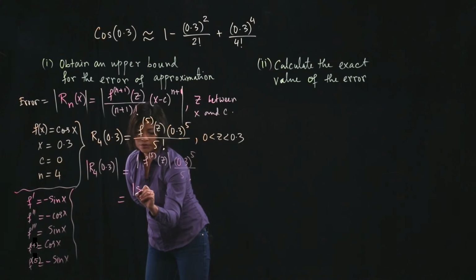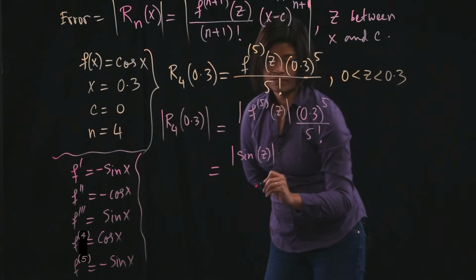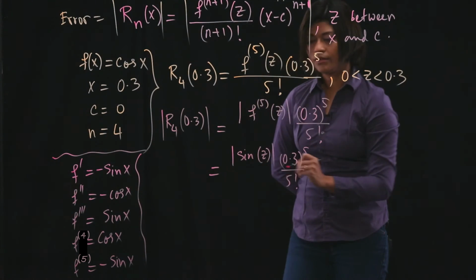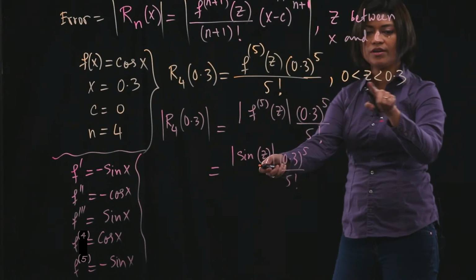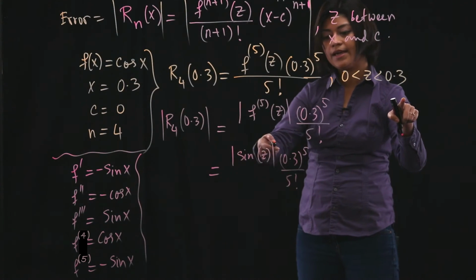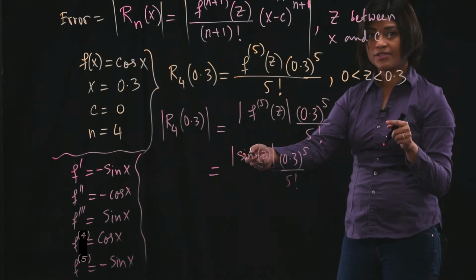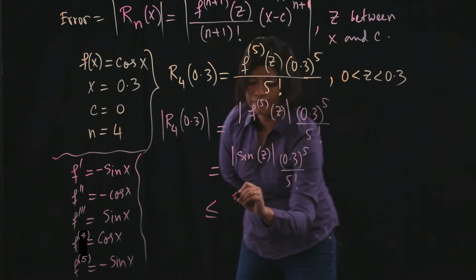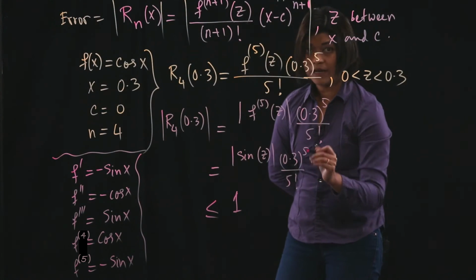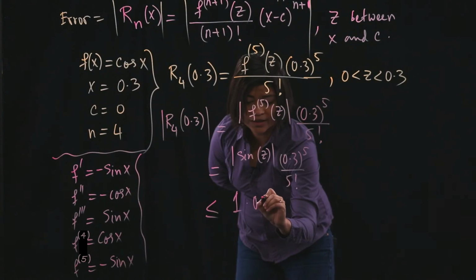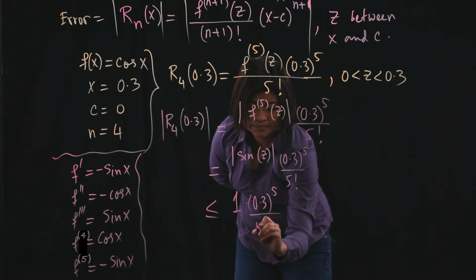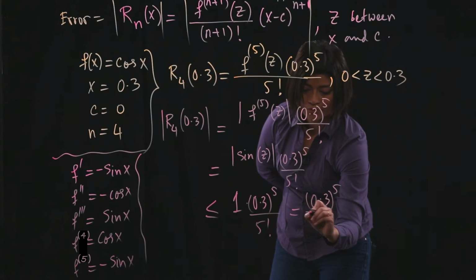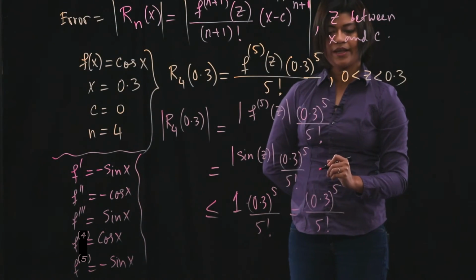So it will be absolute sine of z times 0.3 to the 5 over 5 factorial. z lies between 0 and 0.3. Do we know an upper bound for sine of z? Yes, sine is always less than or equal to 1. So we get an upper bound there, then you multiply the constants, and therefore we have an upper bound for our error.